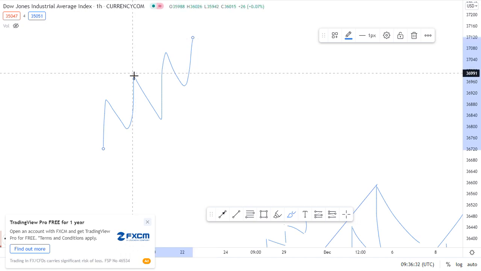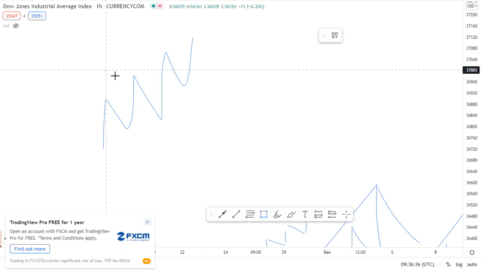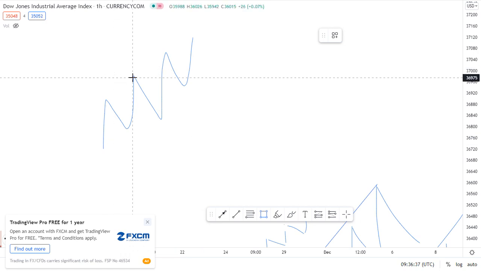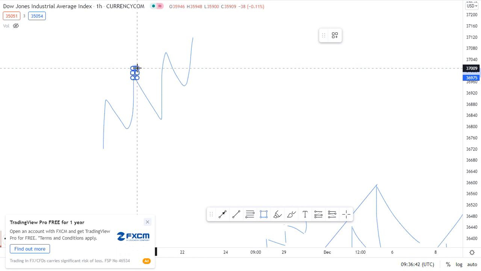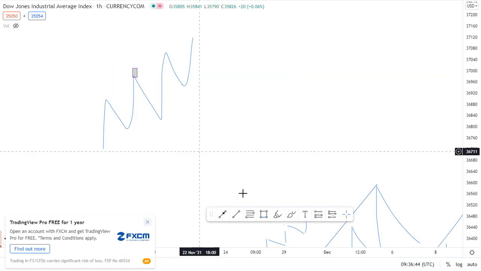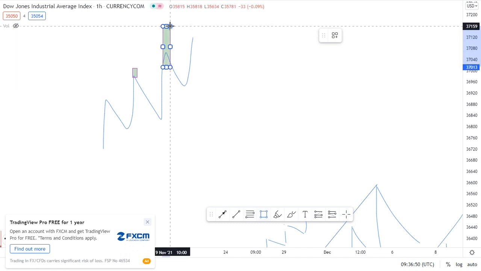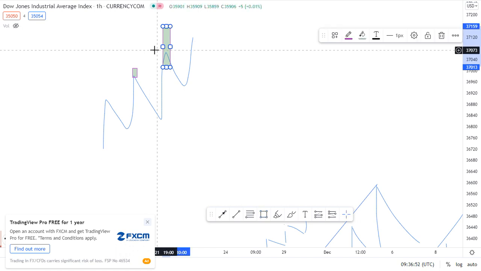Yes, and here you found out that there was a last candle here, and the other one which breaks impulsively.